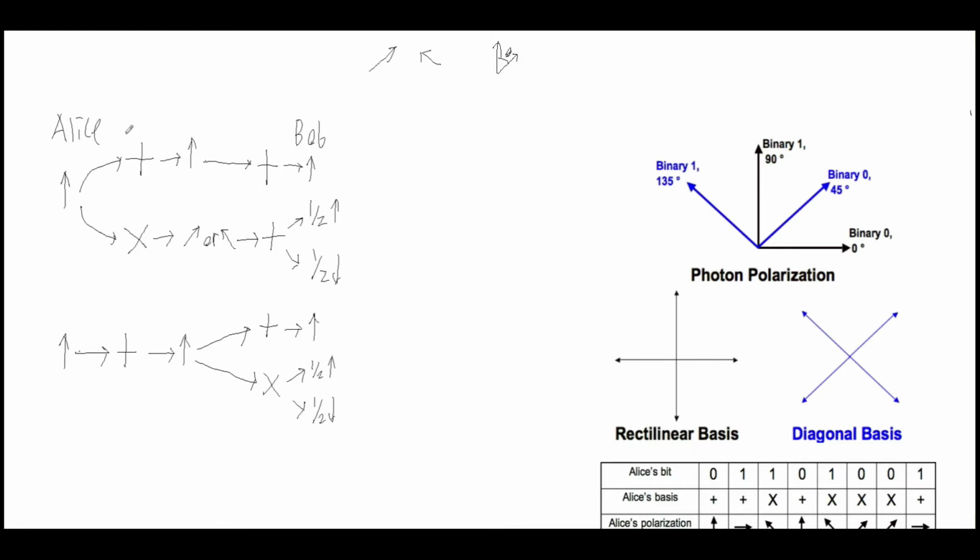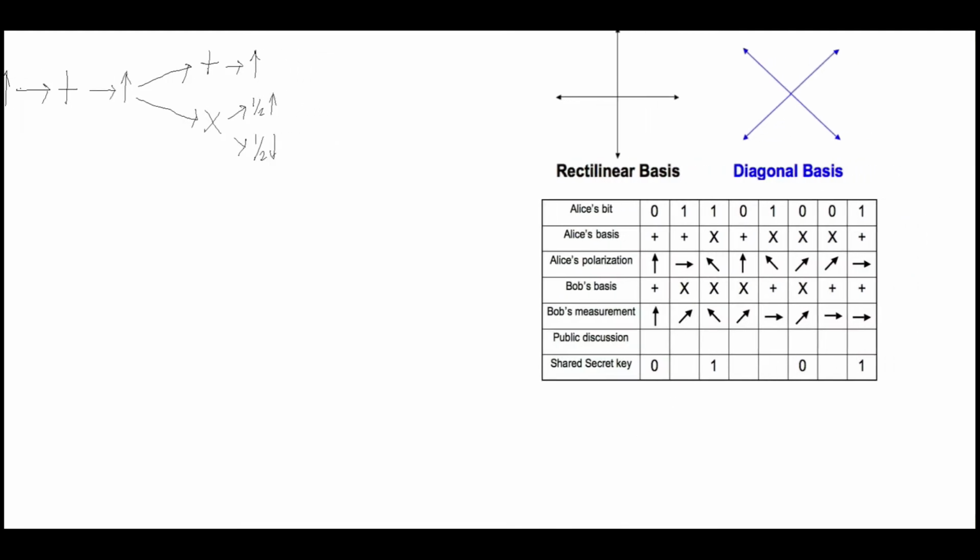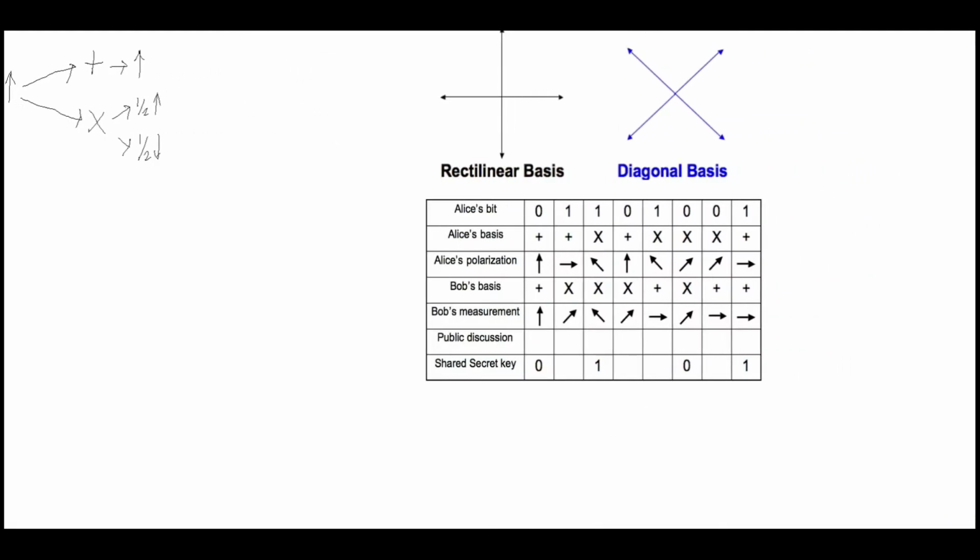So over here is just a look at these different bases. I had the rectilinear and the diagonal bases here, and then we can look at this table right here and see how Alice prepares her photon. So 0 being to the right and 1 being up.